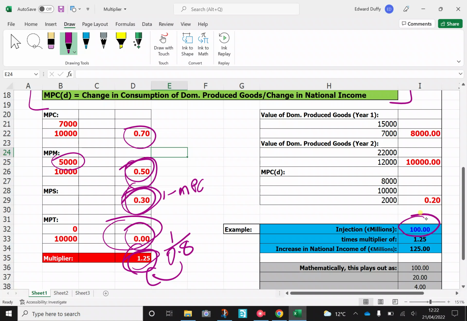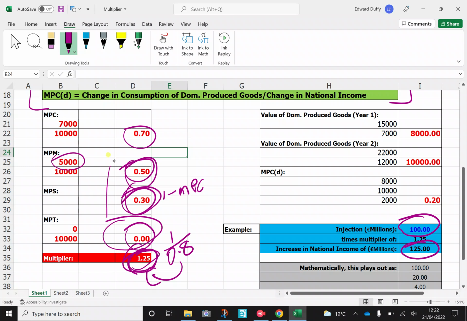The example I've given over here is where I just put an injection of 100 million into the economy. If that multiplier is, as we have calculated here, 1.25, that means that the increase in national income will be 125 million. So the main idea for government is to have that multiplier as large as possible.